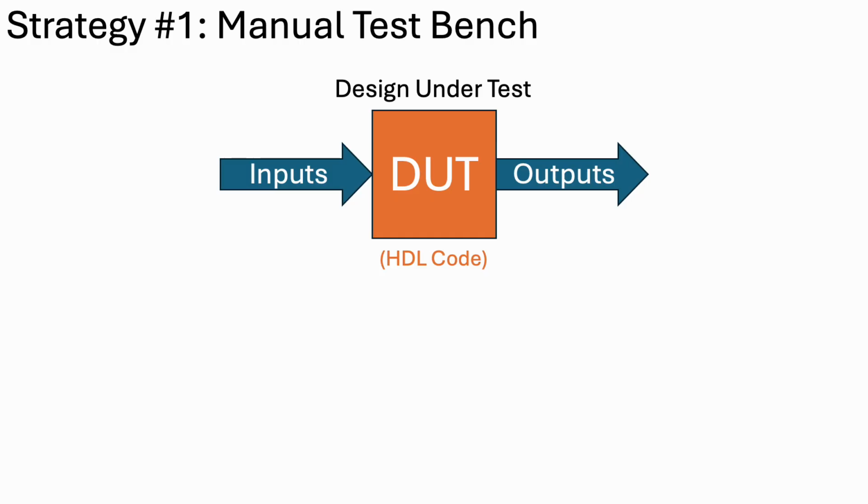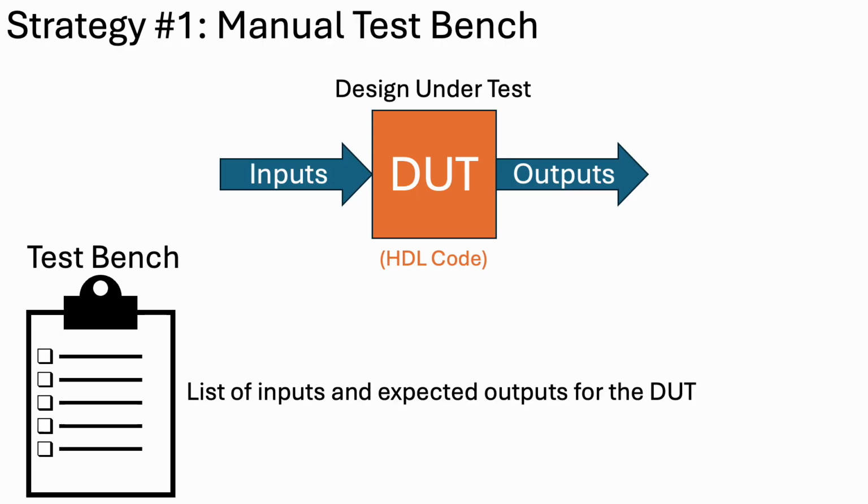So how do designers typically handle verification for their designs? Well, you can imagine that it's pretty similar to software, where you might have a design under test that takes various inputs and should deliver various outputs, and then you come up with a list of inputs and their expected outputs.